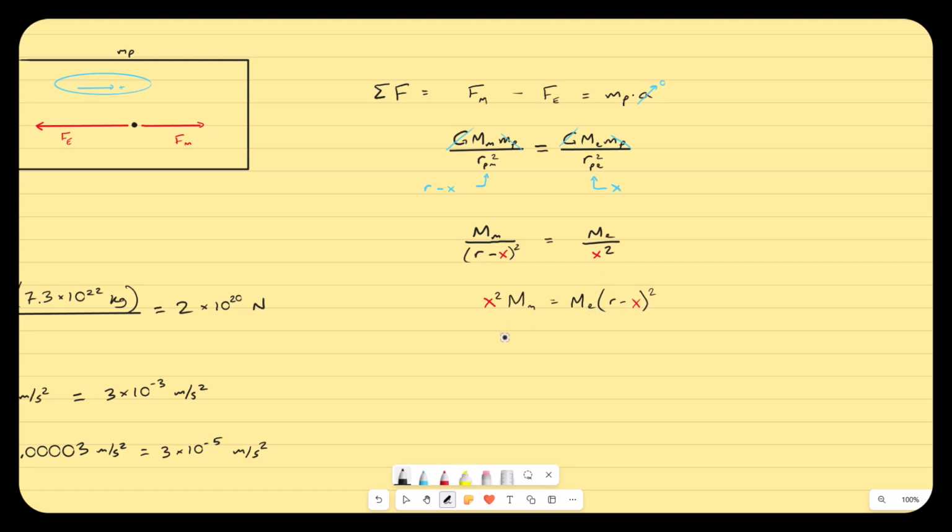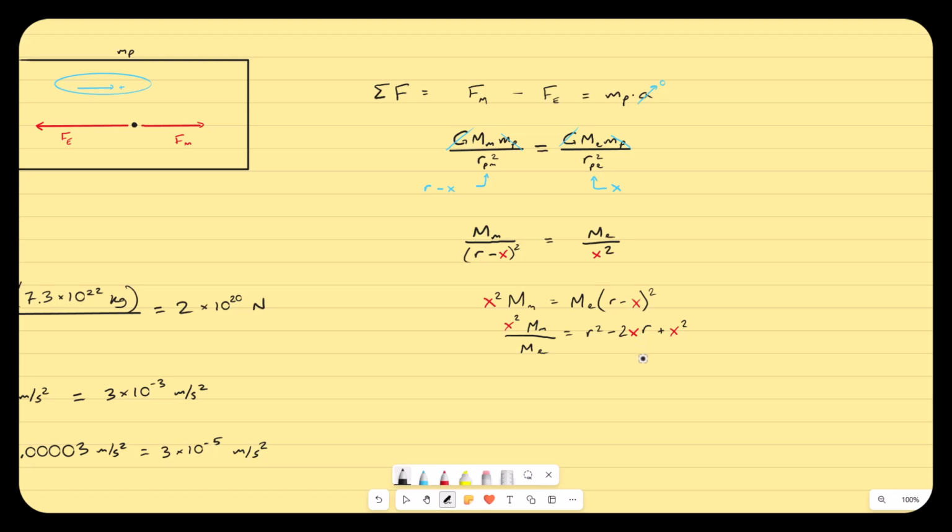I'm going to divide by the mass of the Moon first so that I can not have that carried along and distributed through a lot of terms. So now when I distribute this, I get r squared minus 2xr plus x squared.